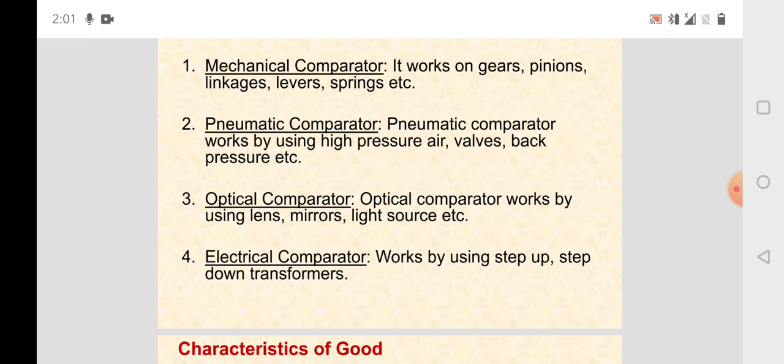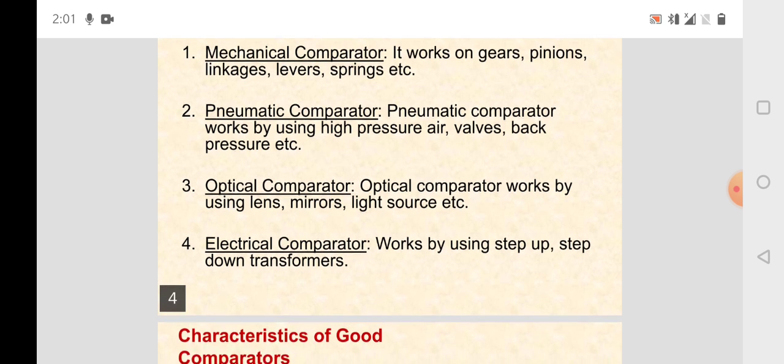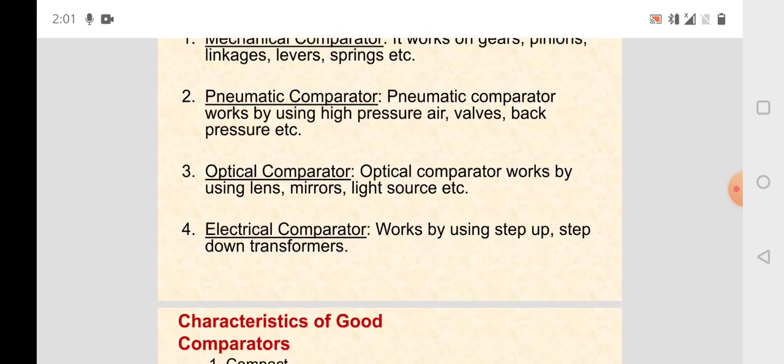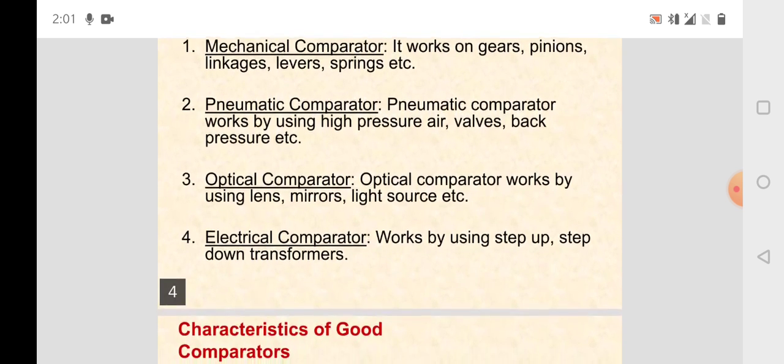Usually mechanical comparators have a linear scale, which is easily understood, so no skill is required; even an unskilled worker can easily have an idea about whether the part is produced to the required dimension or not. These are robust, compact and very easy to handle.